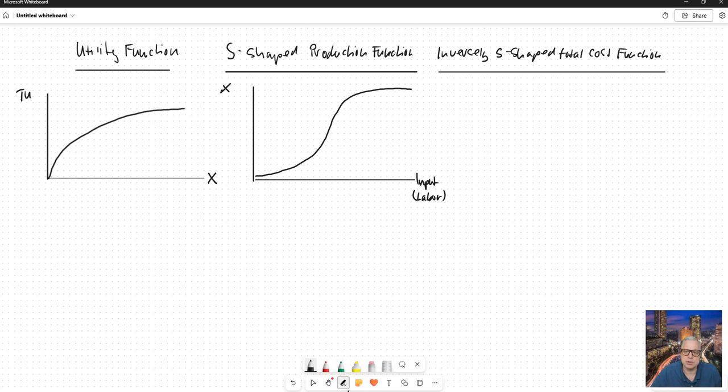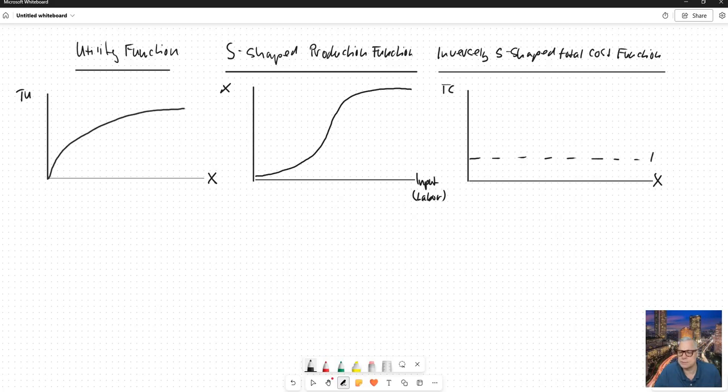And then when it comes to the inversely S-shaped total cost function, we convert the output. We want to know how much a unit of output costs. So we have on the x-axis again X, and here total cost. But when it comes to total cost, there is typically a fixed cost share, which is independent of output, like having to rent an office space or a factory or machines.